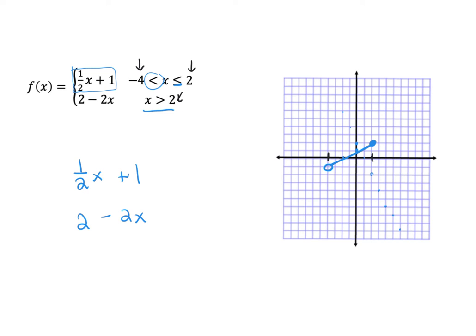So at 2, here's my open circle, and then greater than would include all of these onto infinity. But then I need to erase all these other ones that I drew. So there is the full graph of f of x. This piecewise function is both of those combined.